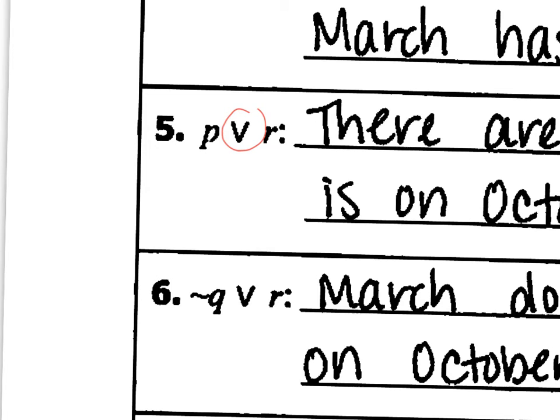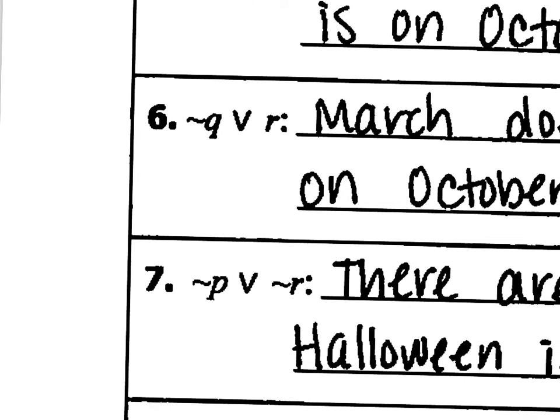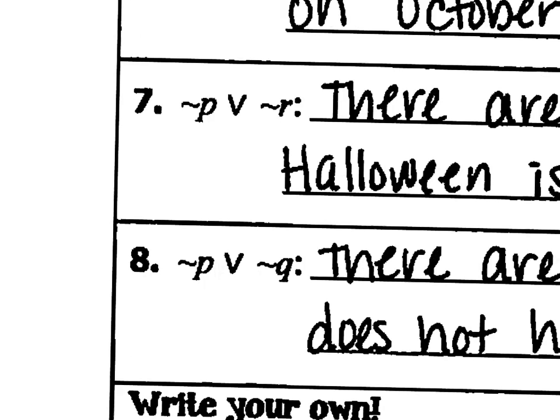And number 6, I'm going to write the not Q statement as a disjunction with statement R. And number 7, I'm going to write not P as a disjunction with not R. And number 8, I'm going to write not P as a disjunction with not Q.